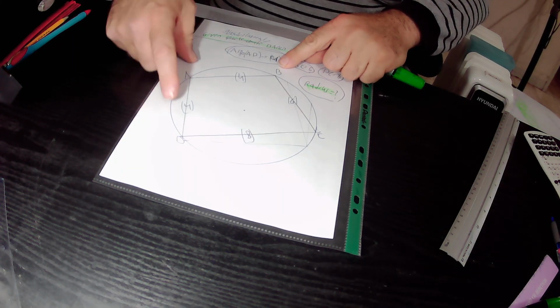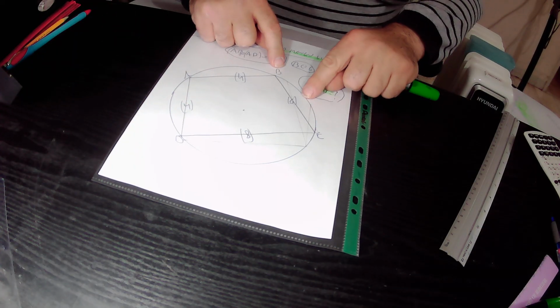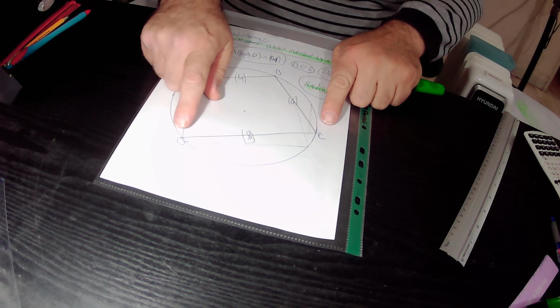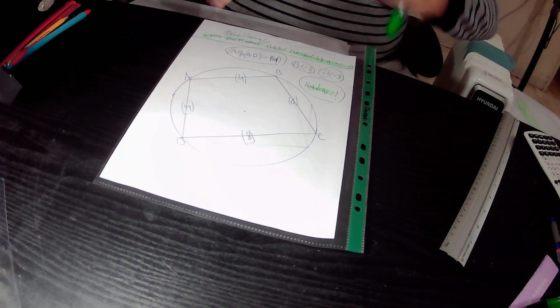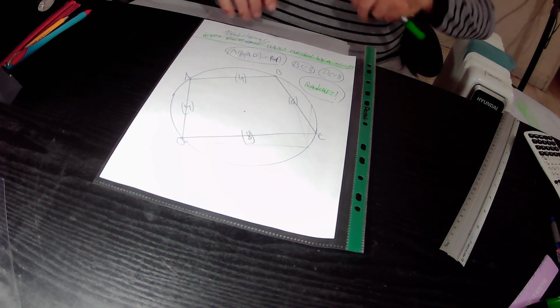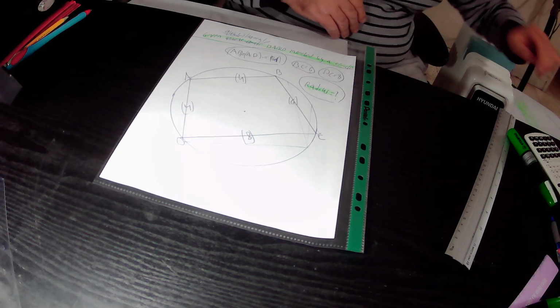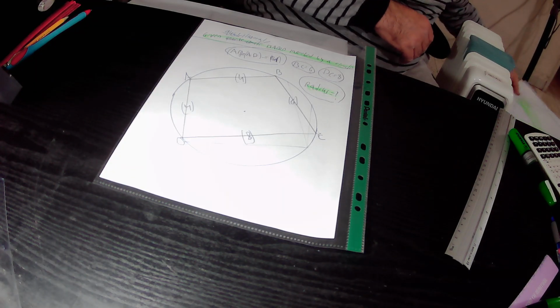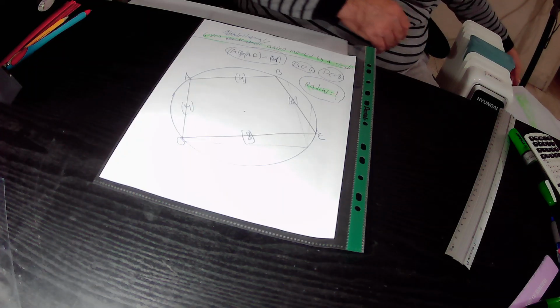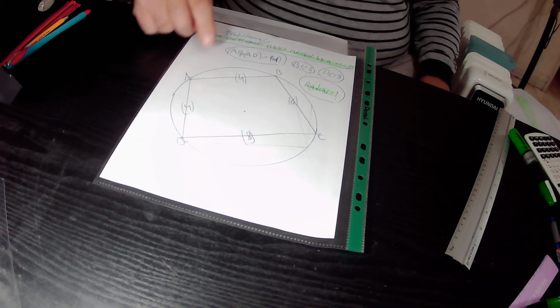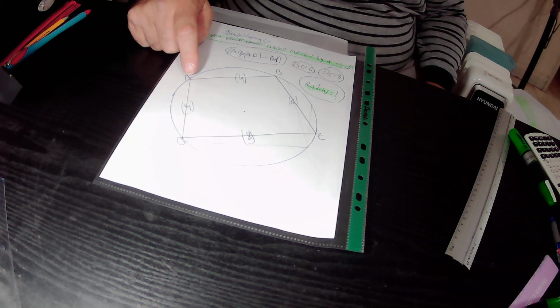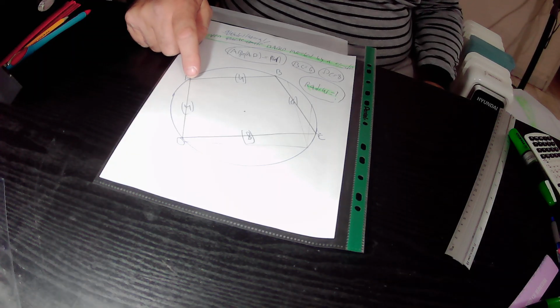AB equals AD equals 4, BC equals 6, CD equals 8, and again our task is to find out the radius of this circle. So first of all, we define this angle EAD as theta.